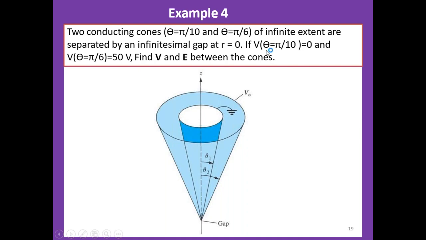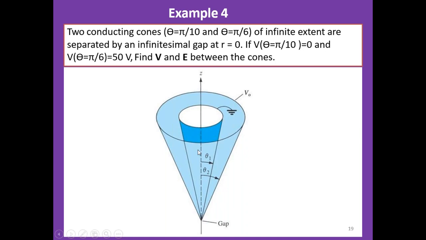If V at theta equals pi over 10 is equal to 0, and V at theta equals pi over 6 is equal to 50 volts, find V and E between the cones. So these are the gaps.